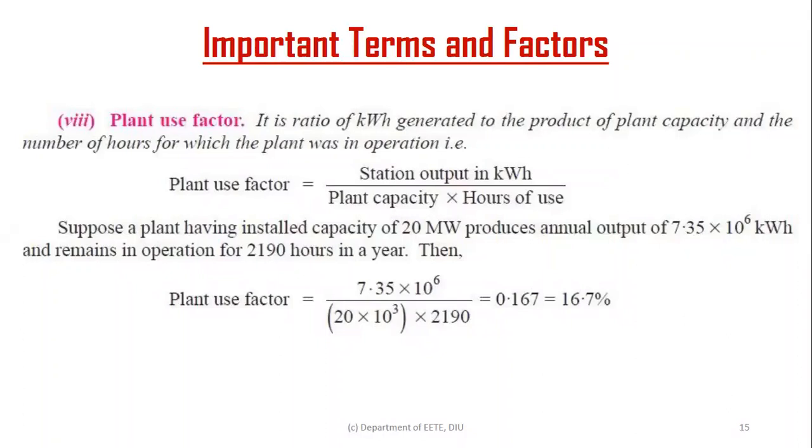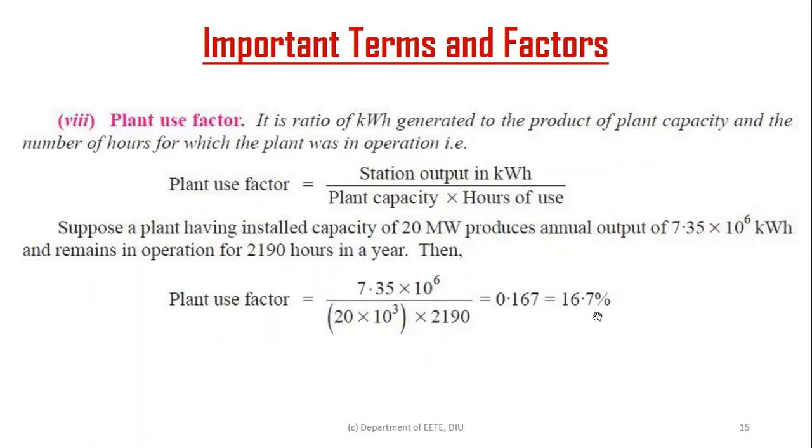What will be the plant use factor? The 7.35 into 10 to the power 6 kilowatt hour is the station output, so we put that value. The plant capacity is 20 megawatt, and the hours of use is already mentioned, 2190. If you put those values, it gives us 16.7%.